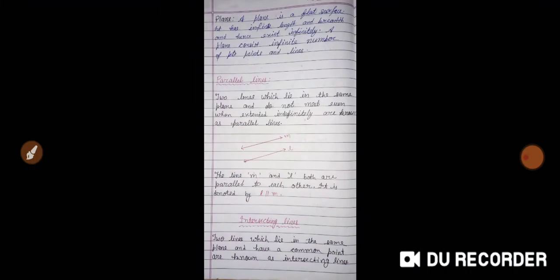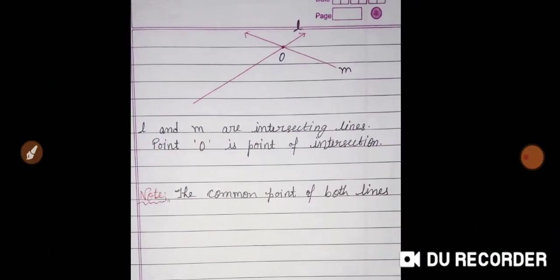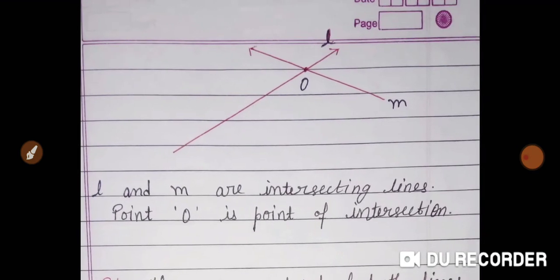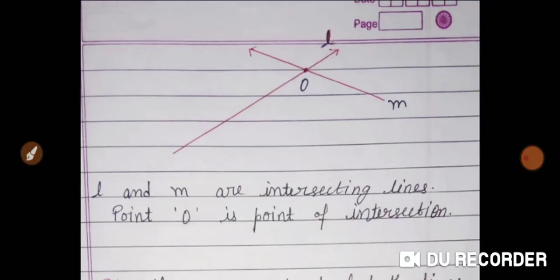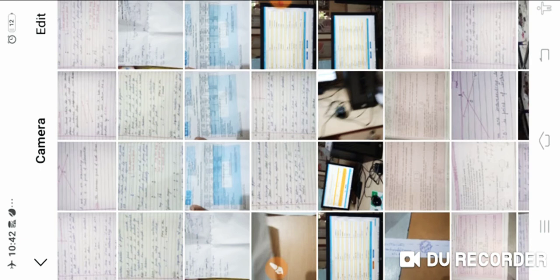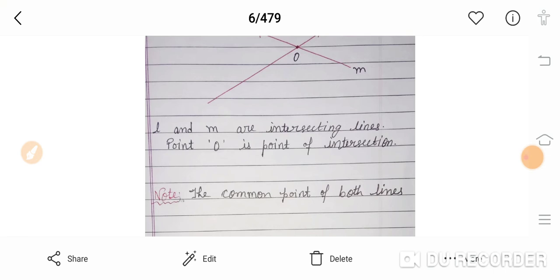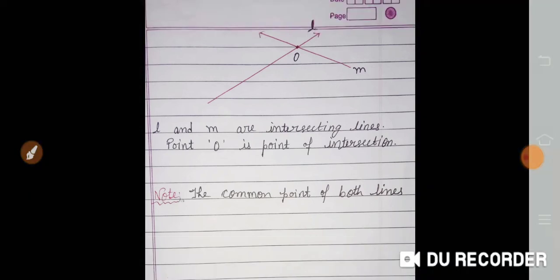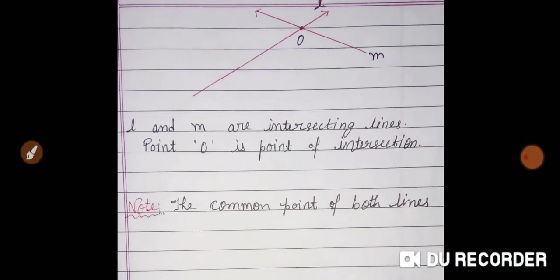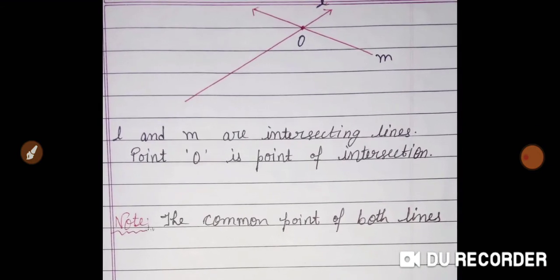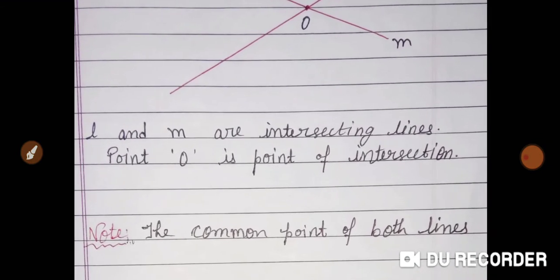If you want to see the picture of intersecting line, then you may see here line M and L both are the intersecting lines and point O is the point of intersection.